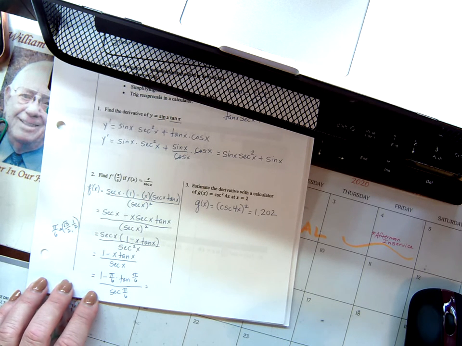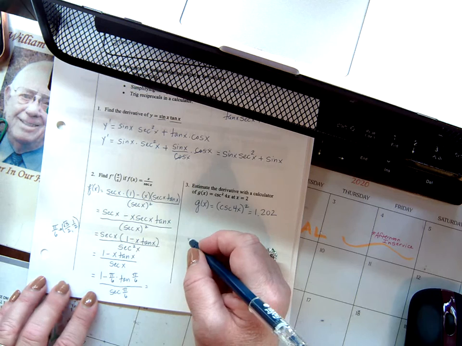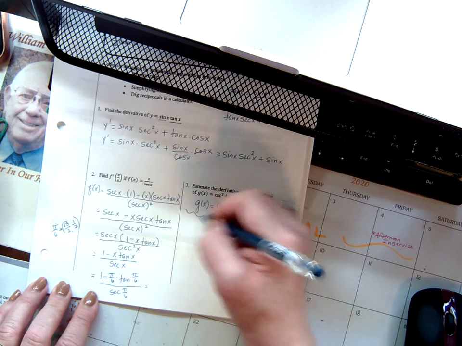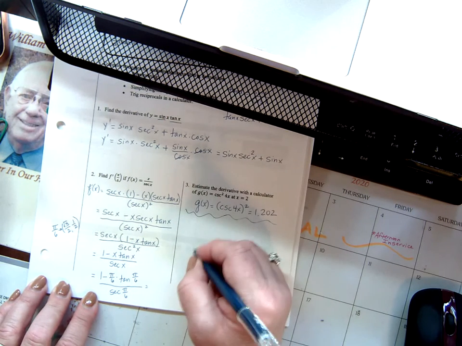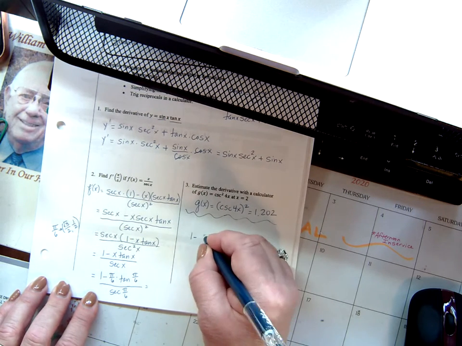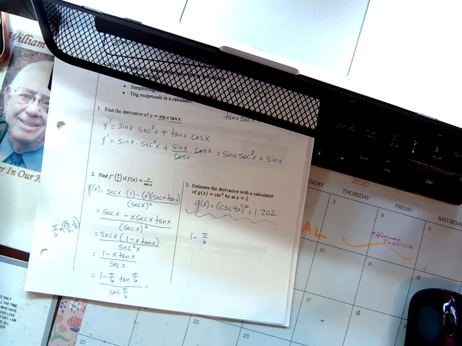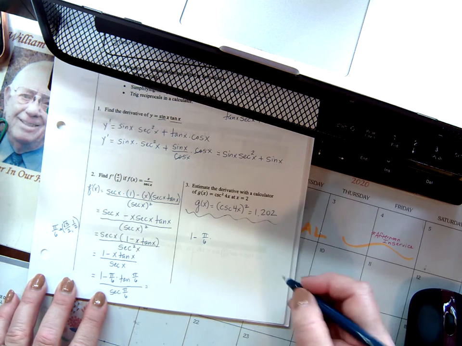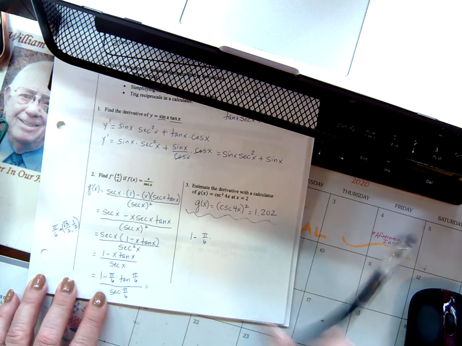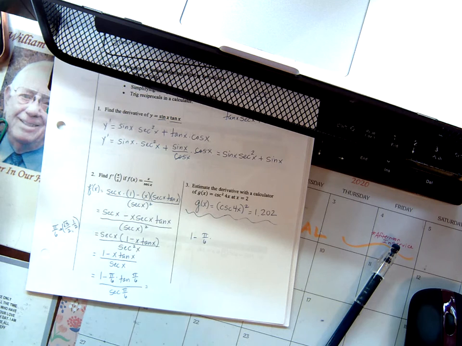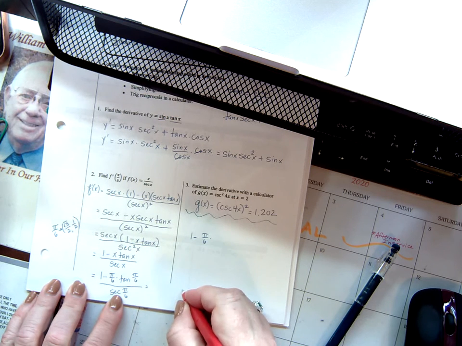All right, so I'm going to go into this next box, into my number 3 box, so I have some space here. So I've got 1 minus pi over 6 times the tangent of pi over 6. Tangent is the y divided by the x. My y coordinate is 1/2.